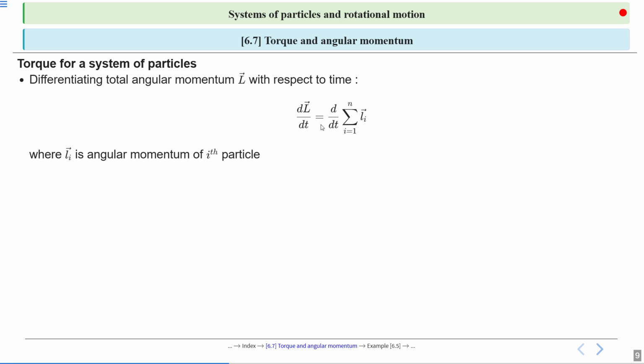Differentiating total angular momentum with respect to time gives the rate of change of total angular momentum. So dL upon dt is equal to summation i equal to 1 to n, for n particles, of dLi upon dt.